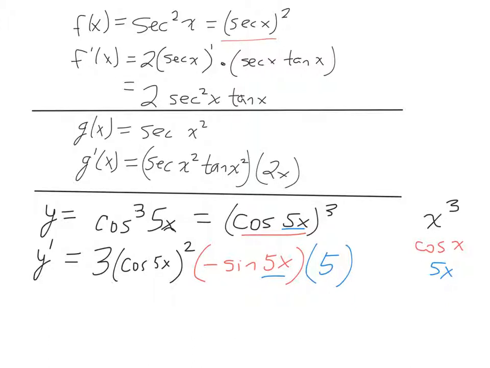So here's my derivative. I can clean this up a little bit. I got the 3 and the 5 I can multiply together. I have a negative here, so this might look like negative 15 cosine squared of 5x times sine of 5x.